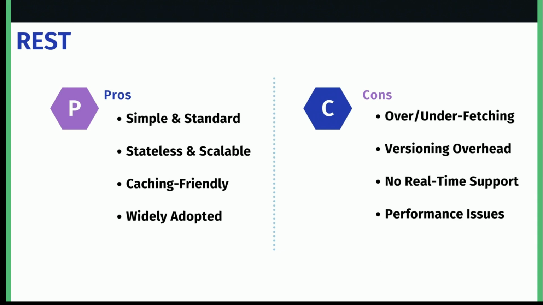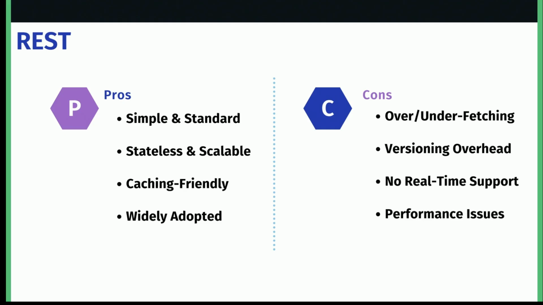Here are the pros and cons of REST. Essentially, REST is very simple and standard because it is simple to develop any REST API endpoint. If you take any programming language, any framework, it is very simple and very standard.